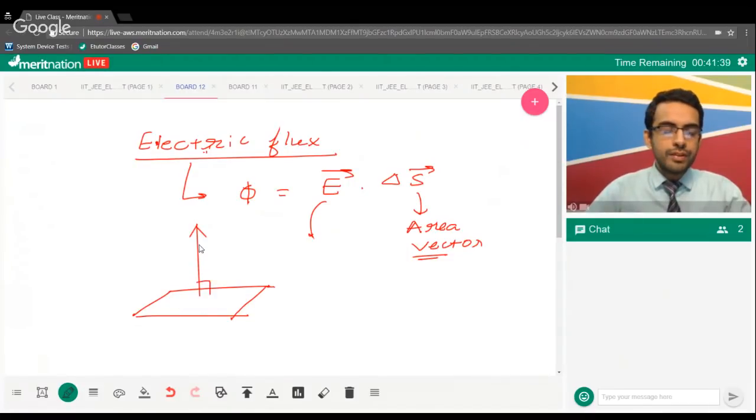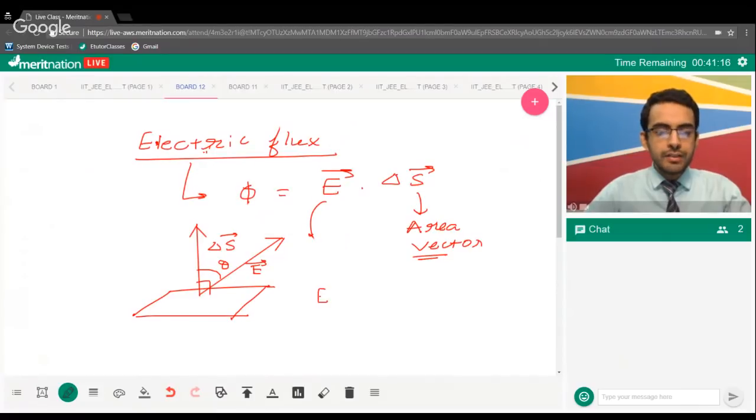Suppose the electric field is directed such that it is at an angle theta with the normal to this area. We say that the angle between the area vector and the electric field is theta.